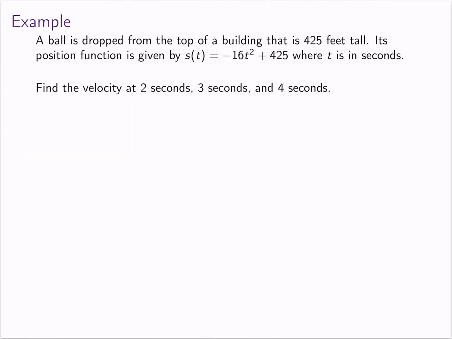Okay. Keep going. We want the velocity at 2 seconds, 3 seconds, and 4 seconds. We're still the same position function. So remember, velocity we just found was negative 32t. So if we want velocity at these 3 times, we'll just plug them in to the velocity function. So at 2 seconds, it'd be negative 32 times 2, so negative 64 feet per second.